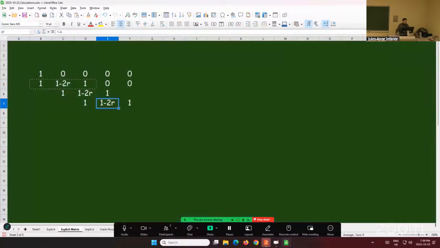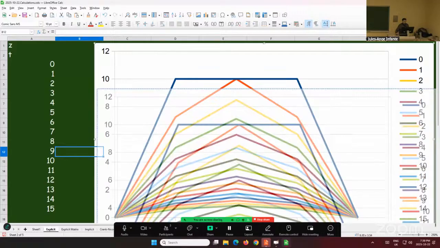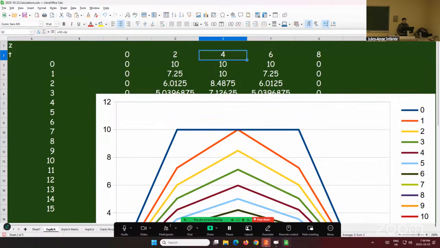So I can say that this is the matrix, and here I have node 0, node 1, node 2, node 3, node 4. That's the number of nodes. I have 5 nodes: 0, 1, 2, 3, 4.